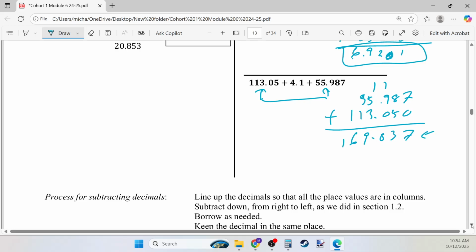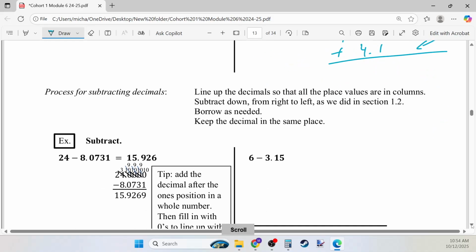Get this. 0. And then your job is to add 4.1 to that. Put in the zeros where you need to get placeholders. And I'll let you do the rest of that one.